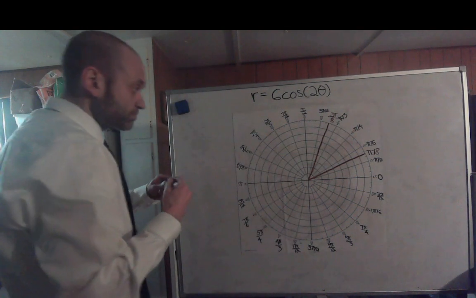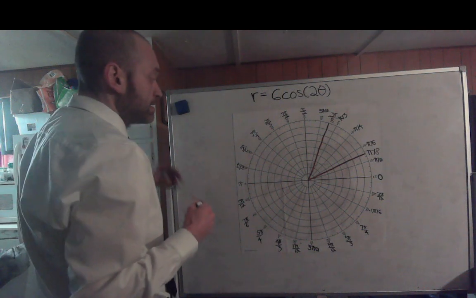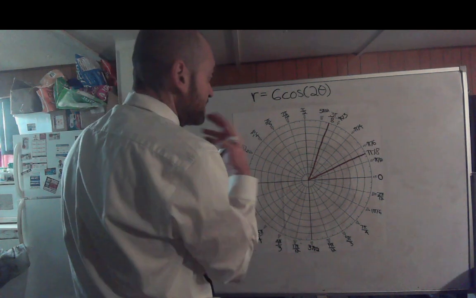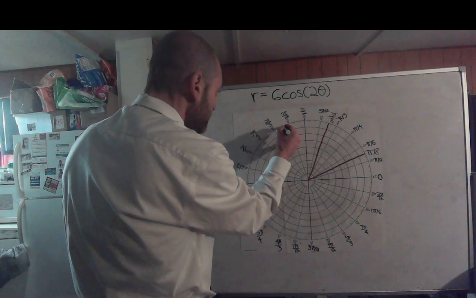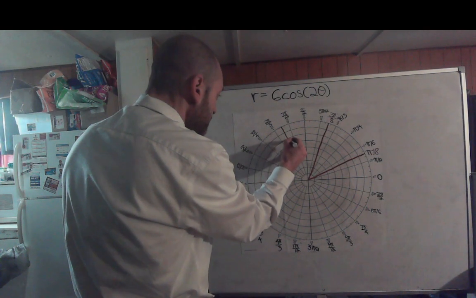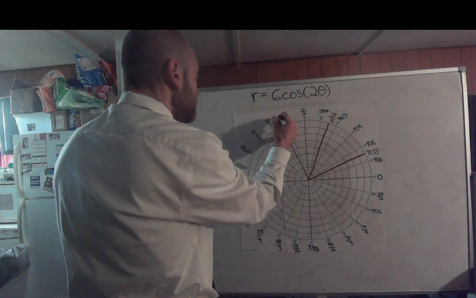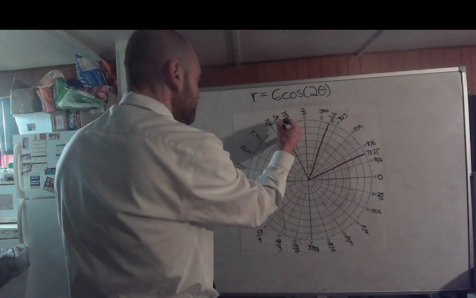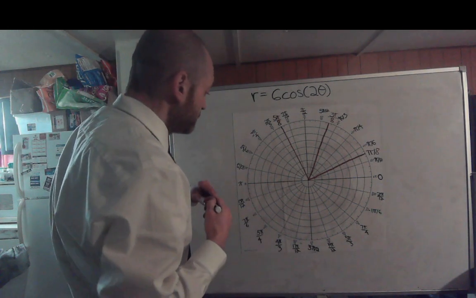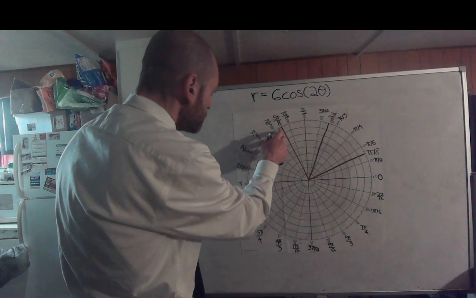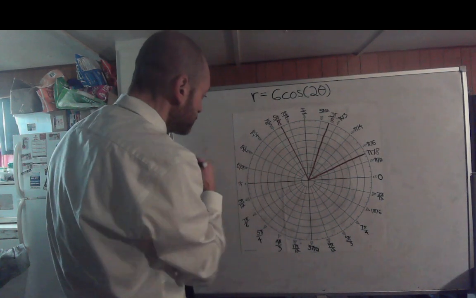Alright, now we need some other pi over 8s. We need a 5 pi over 8. Here's going to be 5 pi over 8, because you need to bring out that full pi over 4 value. Alright, so next then we need a 7 pi over 8, so 1, 2, 3, 4.